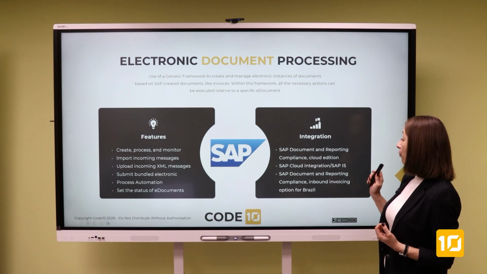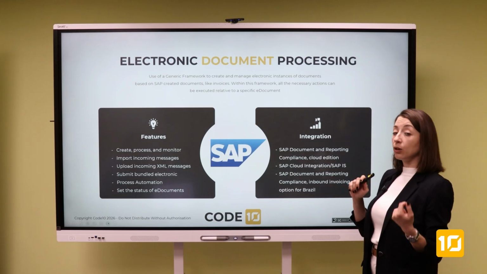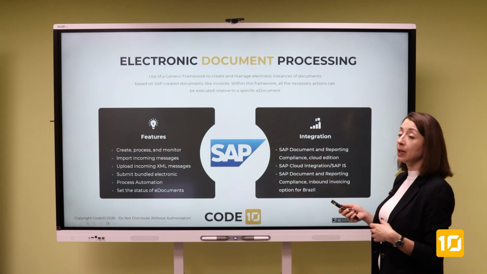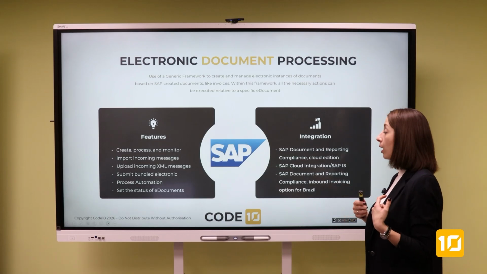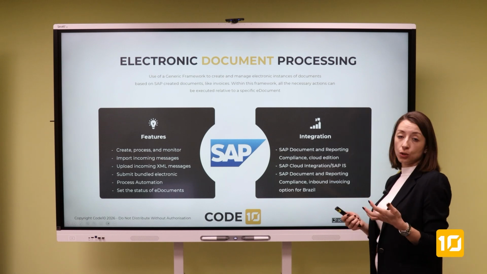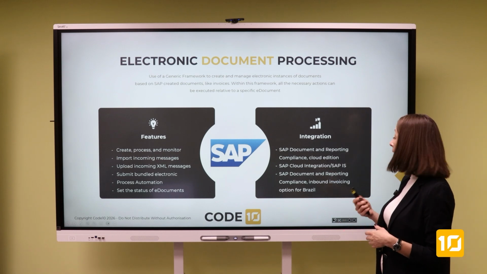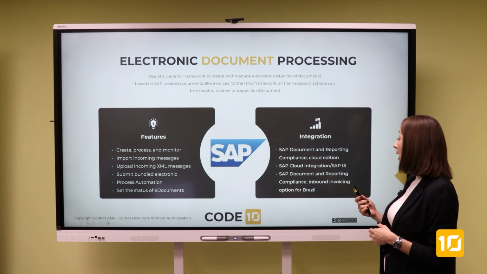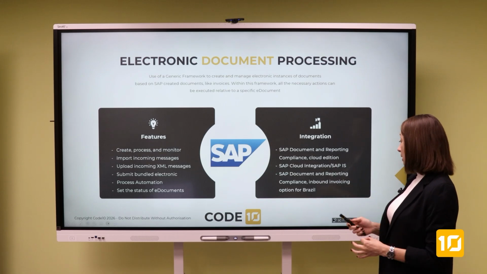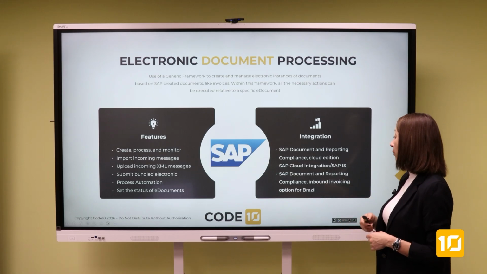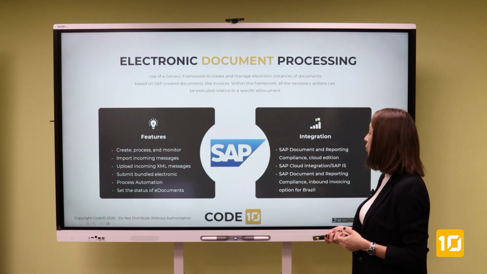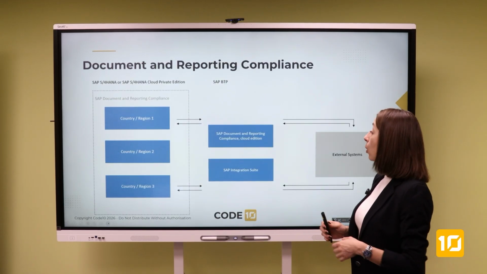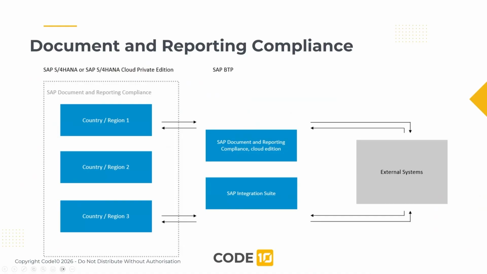We can have SAP Cloud Integration or Integration Suite, depending on when you incorporated, whether before 2020 or after. This is for certain solutions, like for example SII in Spain, that go through Integration Suite. Or only for Brazil inbound invoicing, we have a separate option that is exclusive for this solution whenever applicable.